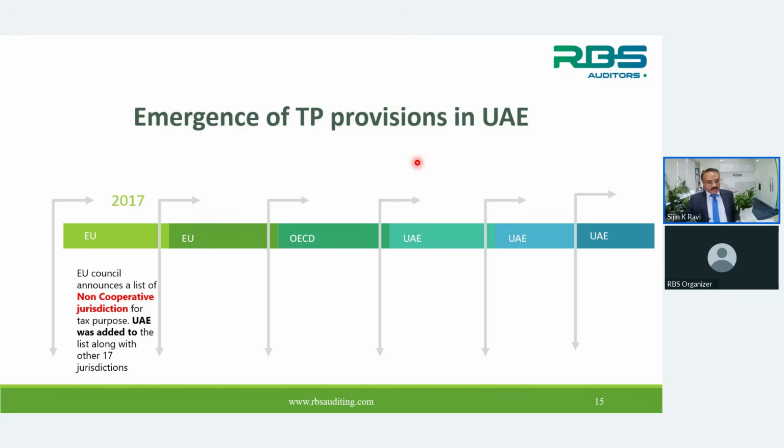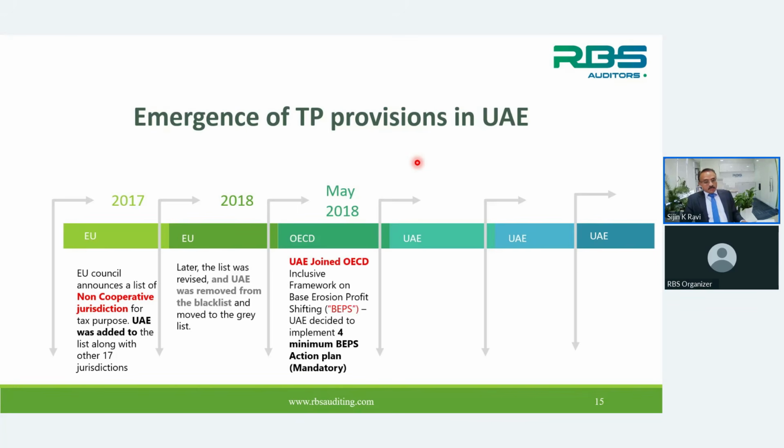UAE was one of the tax jurisdictions along with 17 other jurisdictions. In 2018, the European Union list was revised and UAE was removed from the blacklist and moved to the gray list. In May 2018, UAE joined the OECD Inclusive Framework on BEPS and decided to implement the 4 minimum BEPS Action Plan standards.